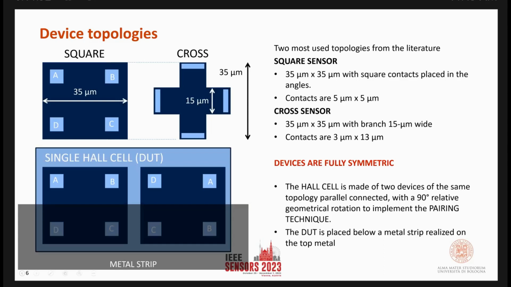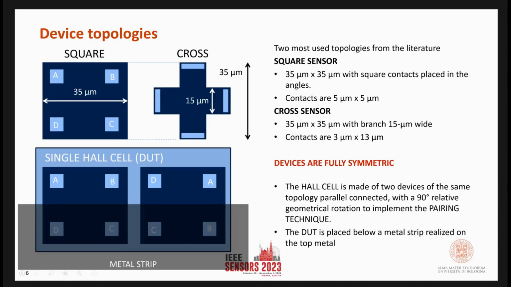The branch in the cross sensor is 50 microns, so it's a little bit smaller than the entire device. Note that both devices are fully symmetric. That means we can apply all the techniques usually used for standard silicon-based sensors.